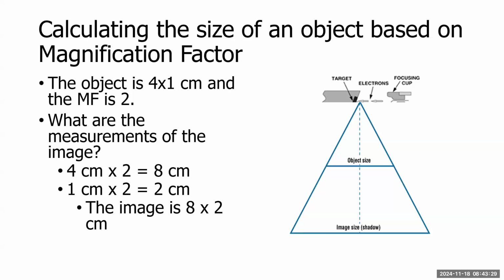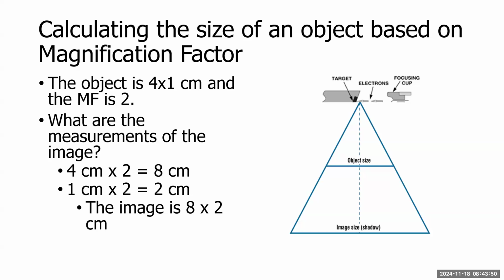In this case, the object is 4 by 1, and the magnification factor is 2. So what are the measurements of the image? We can figure out the actual image size based on the fact that our magnification factor is 2.